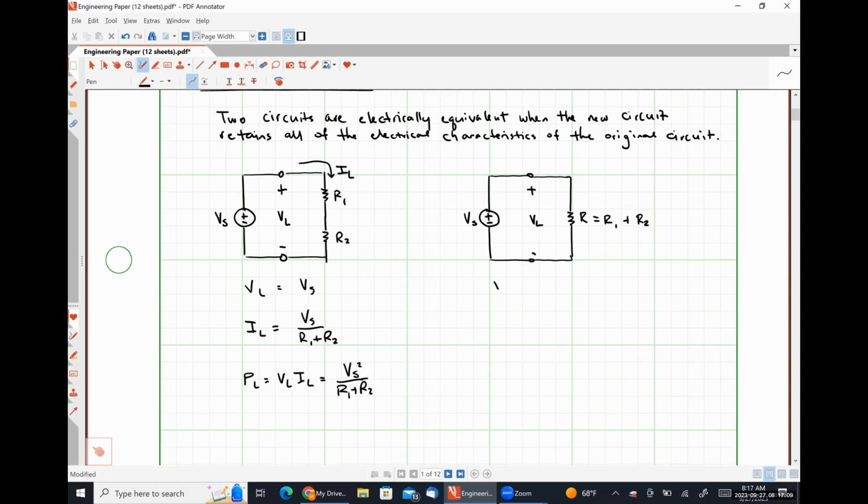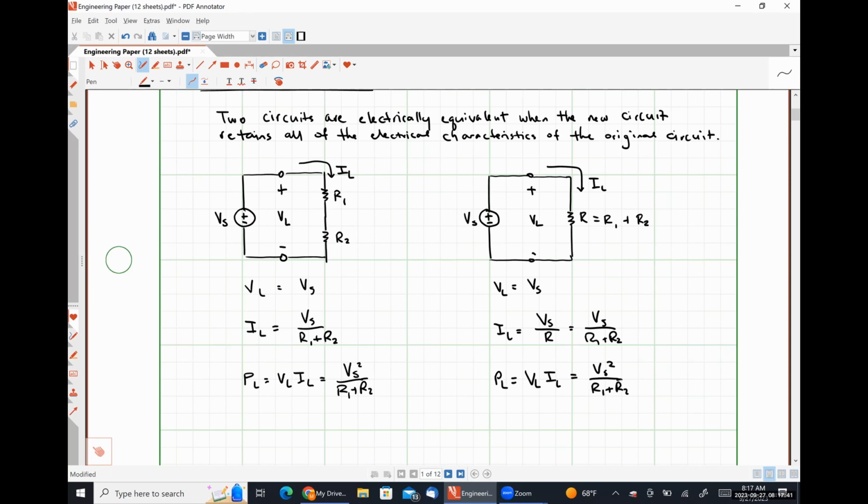The voltage drop across our load is still VS. The current flowing through our load is still VS over R, which would be the same as VS over R1 plus R2. And then the power absorbed by our load would be VL times IL, which is going to look like VS squared divided by R1 plus R2.